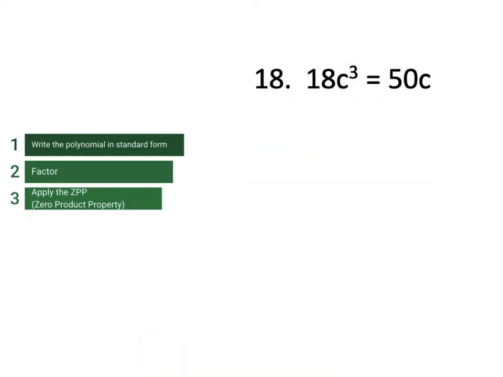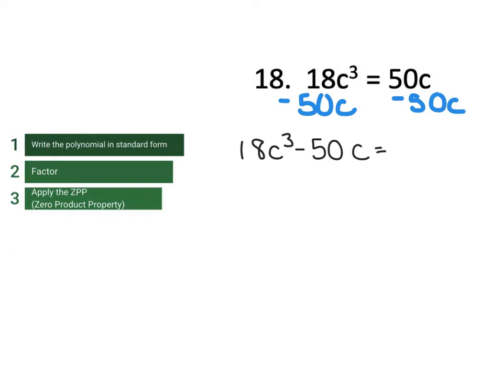In number 18, this one is not in standard form, so I'm going to begin by subtracting 50c from each side. This produces 18c to the third minus 50c equals 0. So now I'm going to factor, and I believe 2 is the greatest common factor and c, so I'm going to divide both by 2c, which produces 9c squared minus 25.